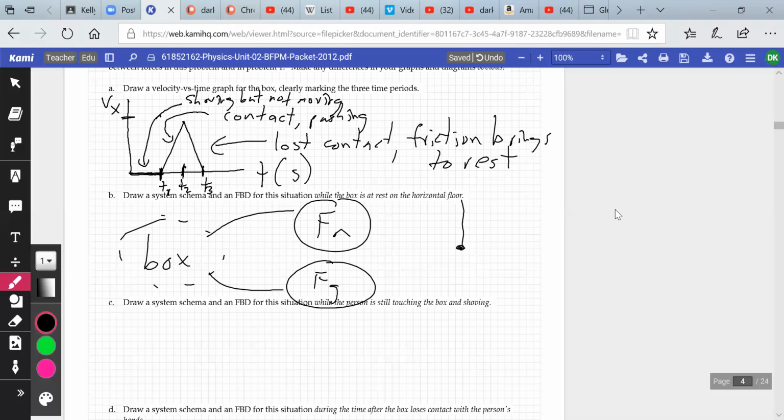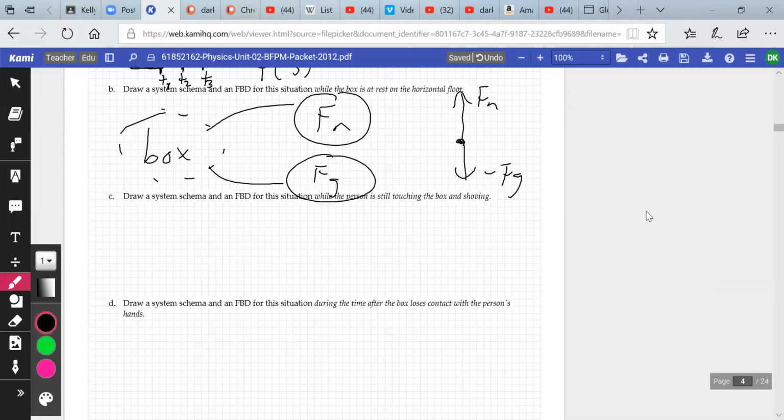We have a normal force here and force of gravity. That's all we have while the box is at rest. System schema and an FBD for the situation while the person is still touching the box and shoving.